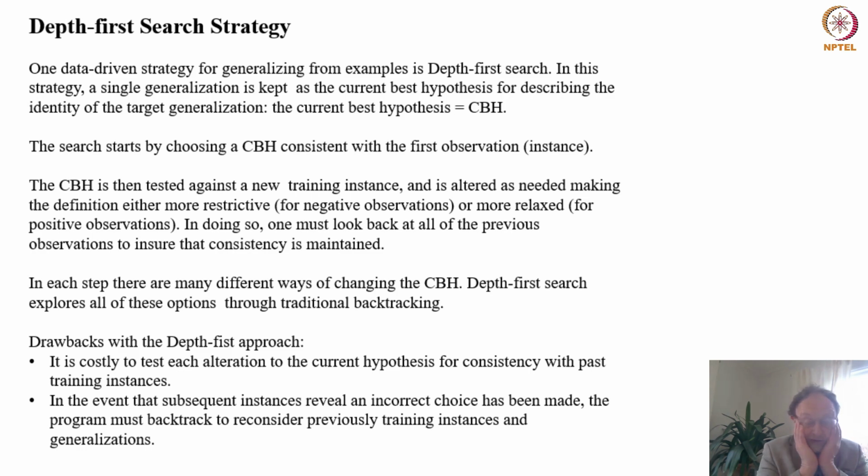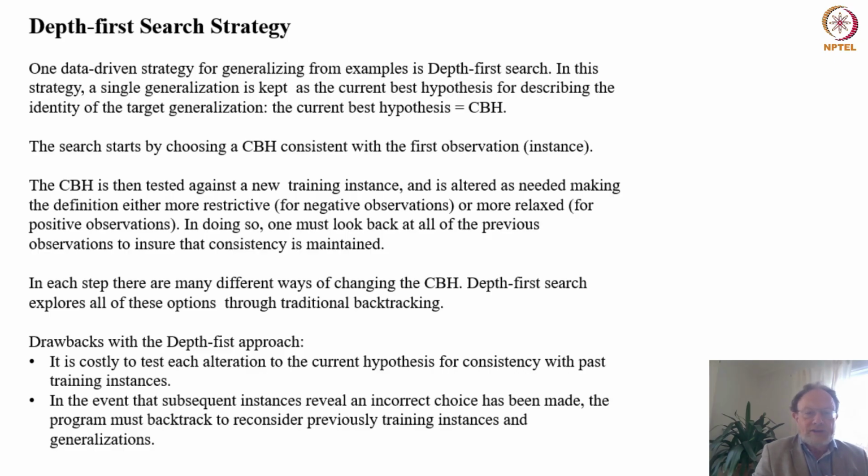Also, of course, at every step there is not just a single way of altering the CBH consistent with what we see. There are many options, and we have to choose one. For all the options, we have to try them one by one, and we do that in some order. If it later becomes obvious that the choice we have made is not the optimal one, we may have to do some backtracking, going back to that decision point and taking a second choice.